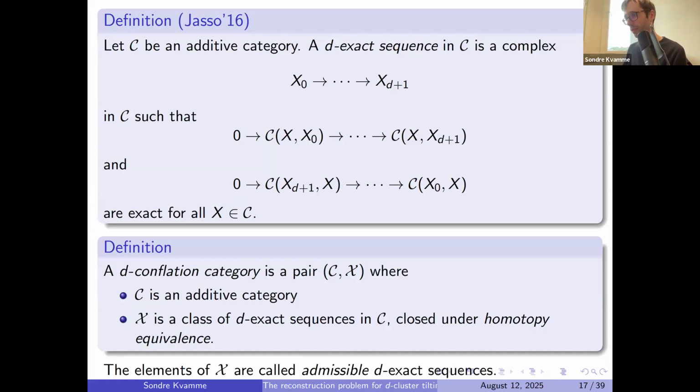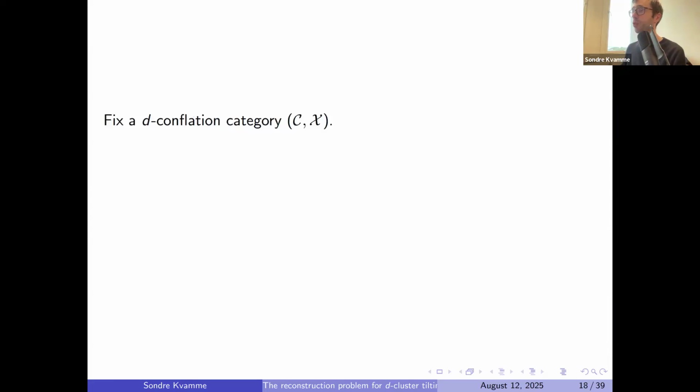So for conflation categories, the sequences are called conflations. For deconflation categories, we call them admissible D-exact sequences. So now we are ready, or almost ready, to define the exact categories. First, I just want to tell you what is the analog of inflations and deflations.